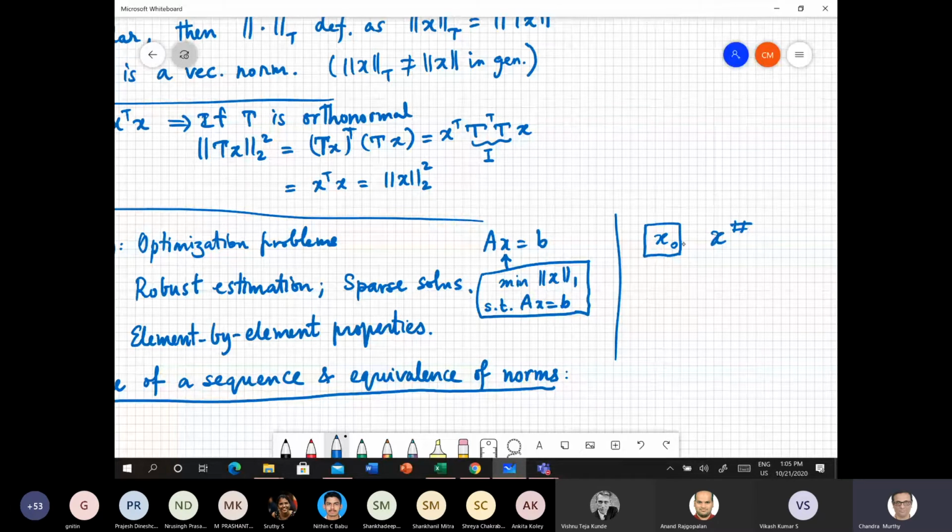And now there is a distance between these two. Your algorithm is returning x hash because you've said, I want to minimize some function of x subject to some constraints.